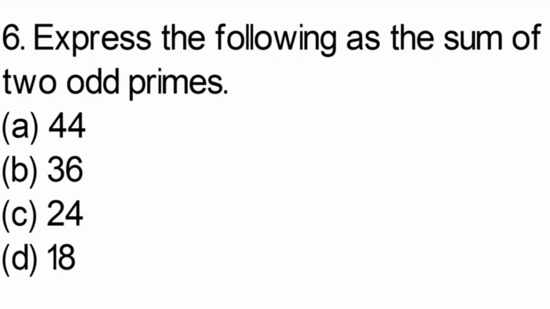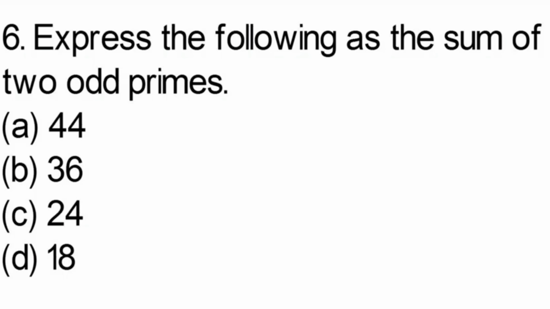Here the question says two odd primes, not odd numbers, but the meaning is the same, because as I told you in the introduction part, prime numbers are always odd numbers, only 2 is the even prime number and the rest are always odd. So in place of odd numbers there is written odd primes, but the meaning is the same.